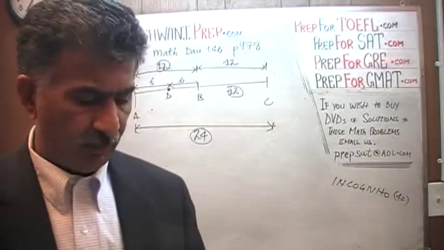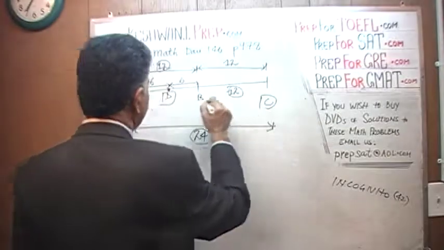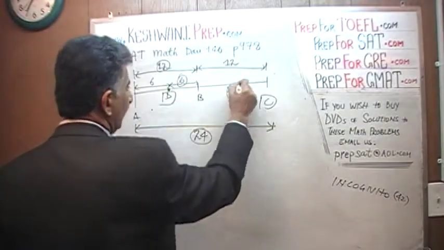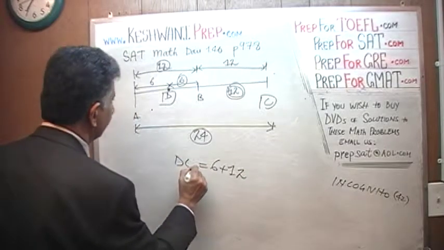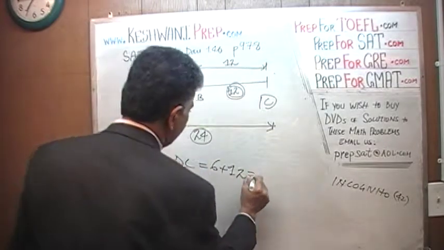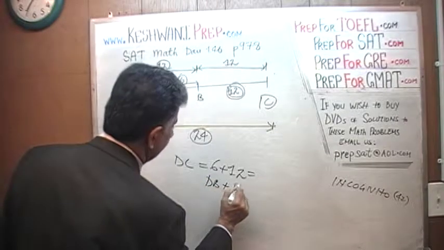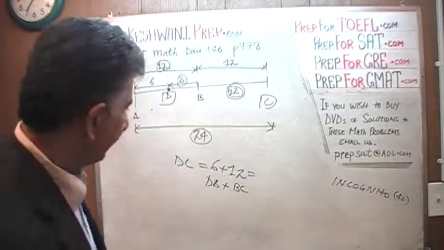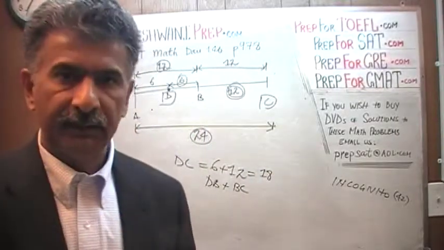The question simply is, how long is D to C? D to C is simply 6 plus 12, which is D to B plus B to C. The answer is 18. The answer is D as in David.